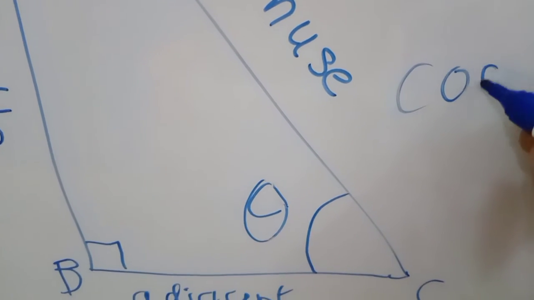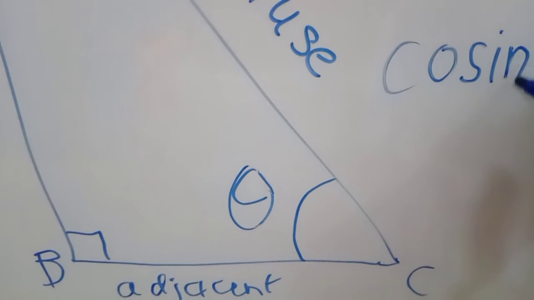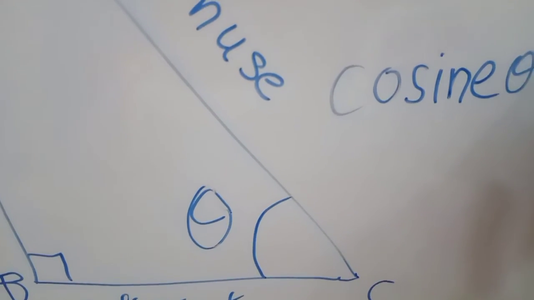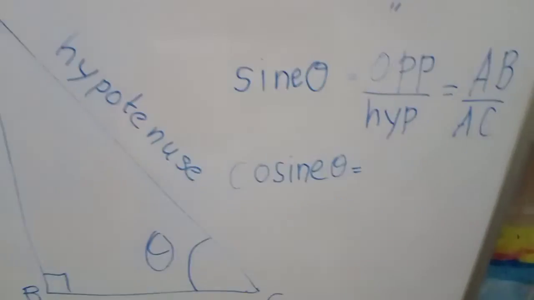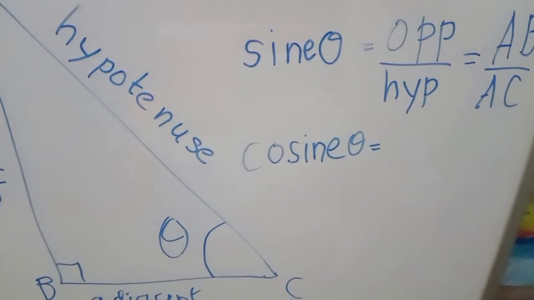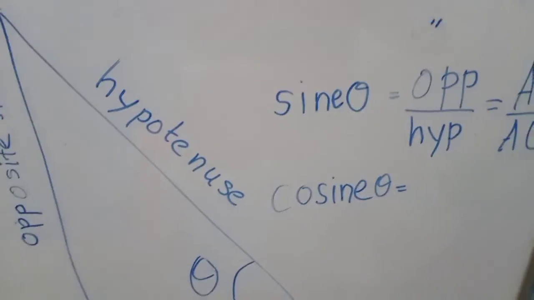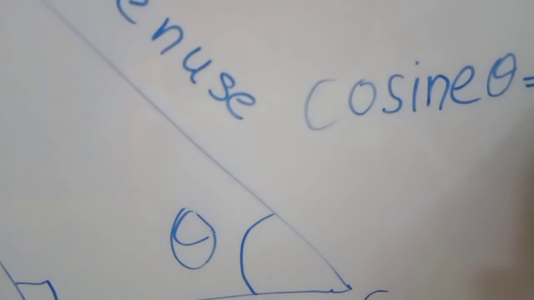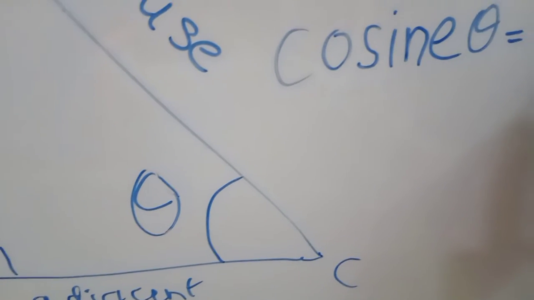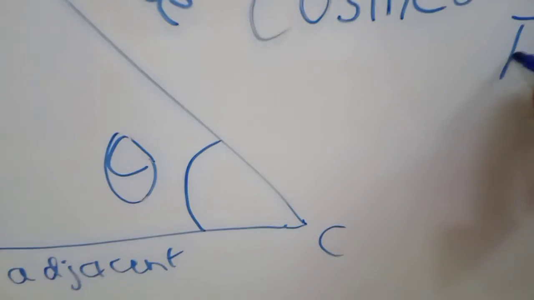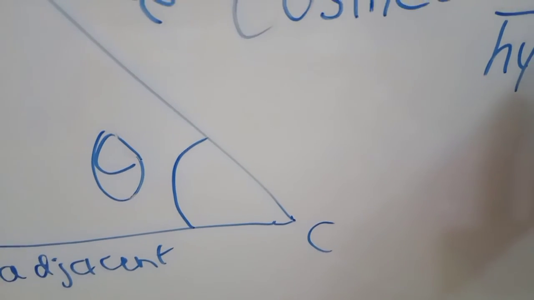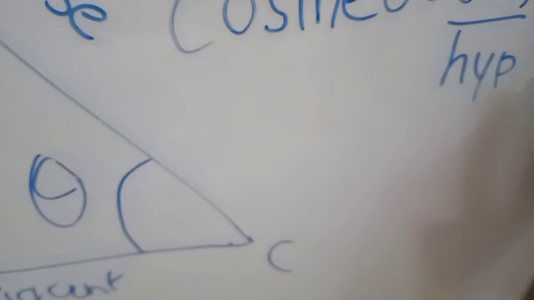Next, I would like to define cosine. Cosine theta is defined as adjacent side by hypotenuse, BC by AC.